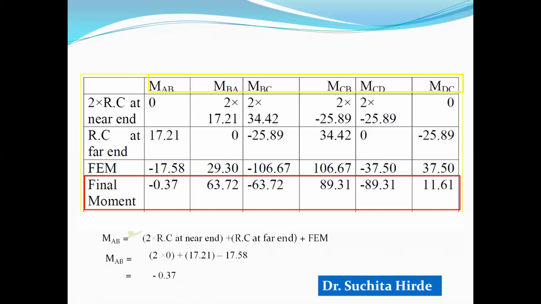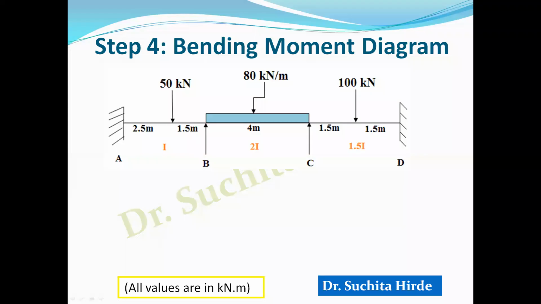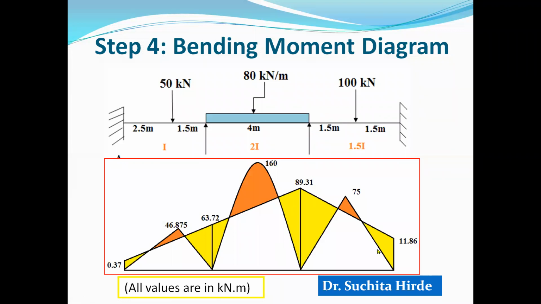Now we will draw the bending moment diagram for this case. I have prepared a separate video on how to draw the bending moment diagram for continuous beam and portal frame without making any mistake. So you can watch that video on how to draw the bending moment diagram. Just now we have calculated final end moments. So if you draw the diagram, you will get something like this.